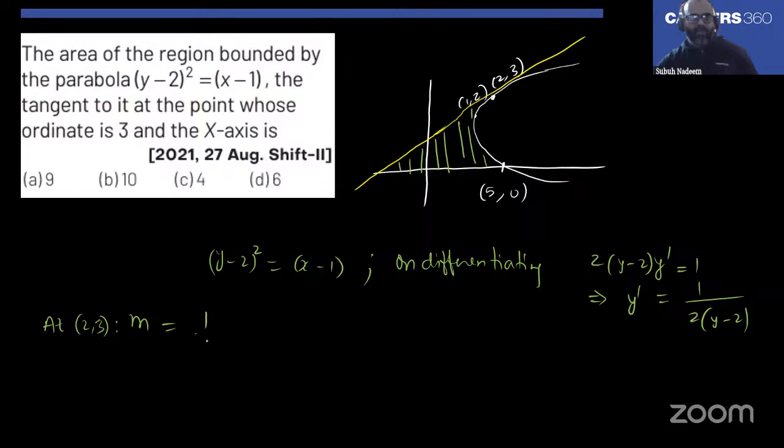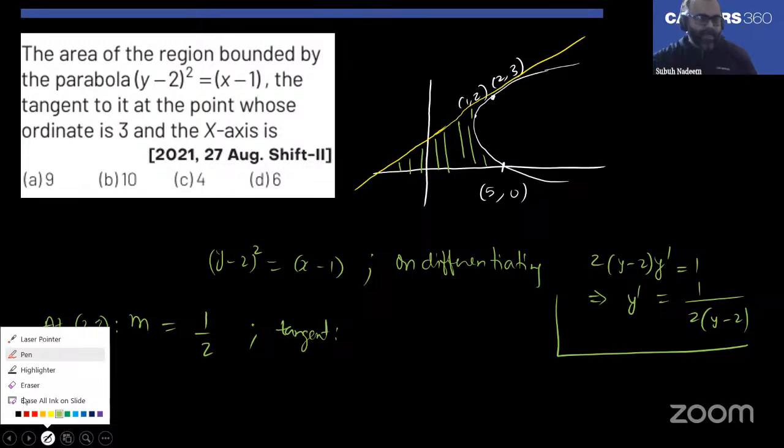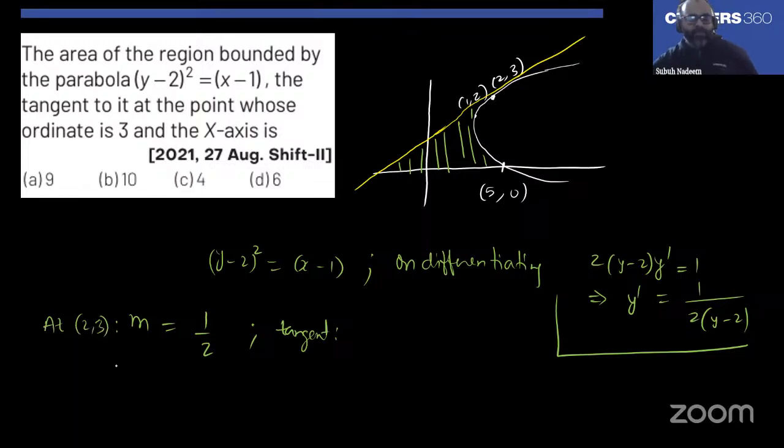So it will be 1 by 2. Okay. So what will be the equation of tangent? Equation of tangent will become y minus 3 is equal to slope half into (x minus 2). So this is the tangent.